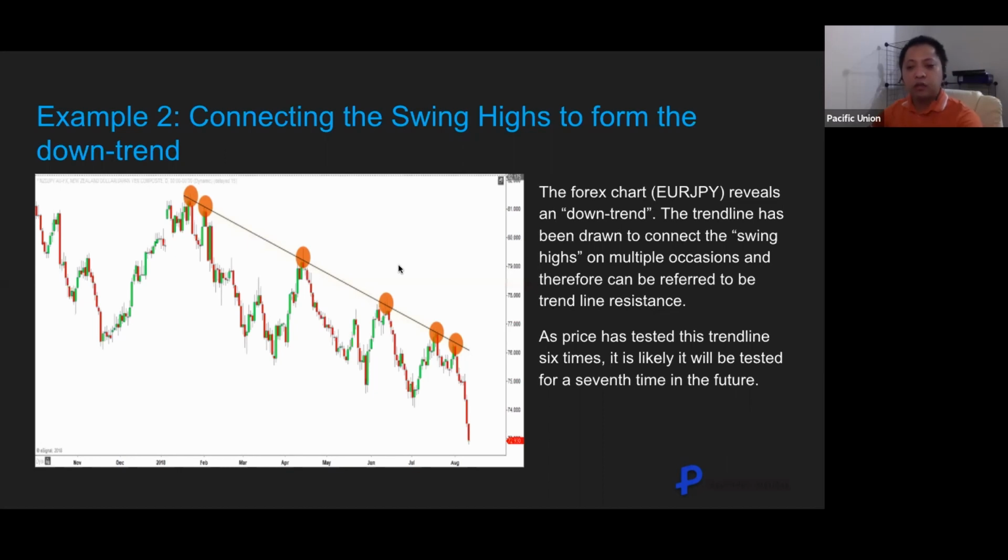So on a downtrend, when the price is trying to go higher and the trend line rejects it, that is considered a resistance. So exactly the same thing. It just so happens that on an uptrend you are connecting the lows, and on a downtrend you are connecting the highs.